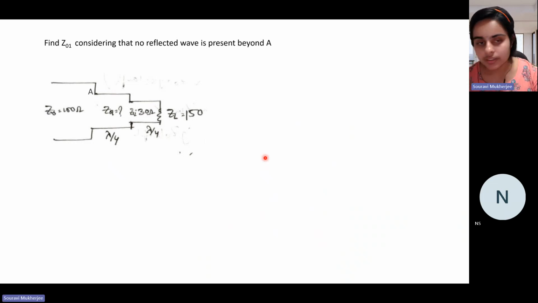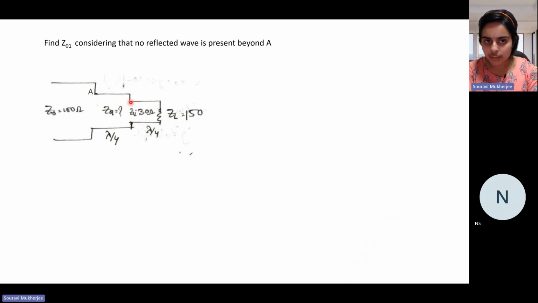From the load. Okay. So how do we start from the load? What do we know at this end? We know ZL. We know that the transmission line length is given as lambda by 4. We also know the characteristic impedance in this section, Z02, that is given as 30 ohm.